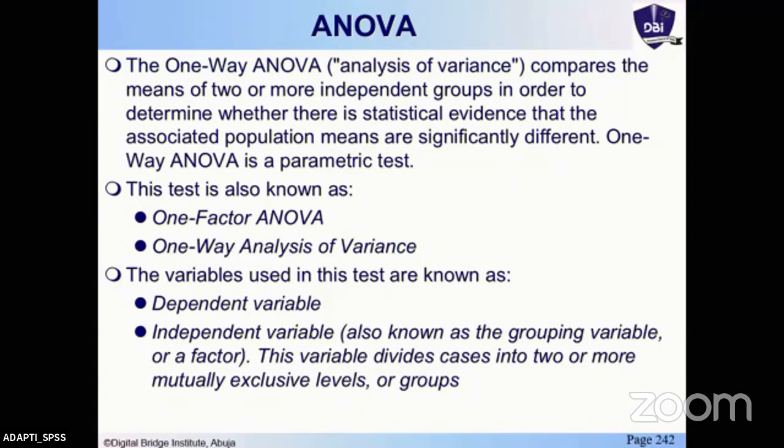But let's say we have another factor like departments and you have 3 or more. Then you consider using what? Analysis of variance. So what we are saying here is that you have one factor that has 3 or more groups. If your factors are 2, then you use two-way analysis of variance.